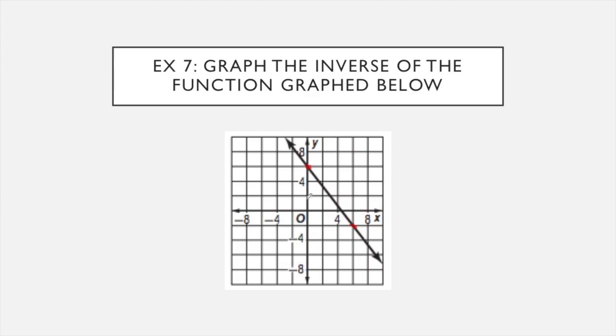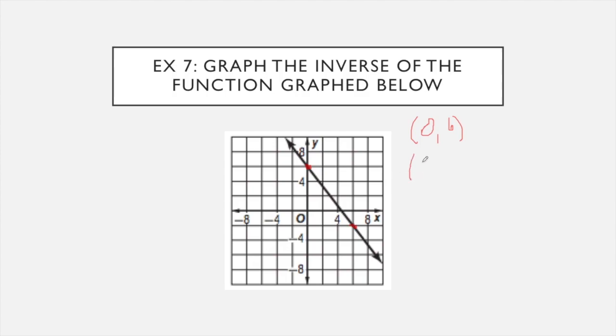So this one is the point 0, 6 in my original. I also have the point 6, negative 2. If you're confused on how I'm getting these values, each box counts as 2, not 1. So this is 6, this is a negative 2.